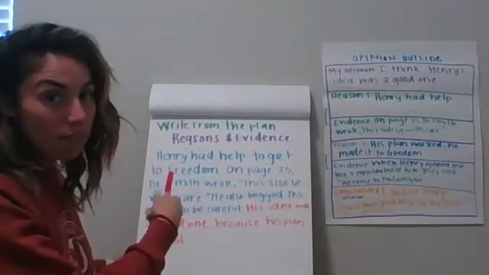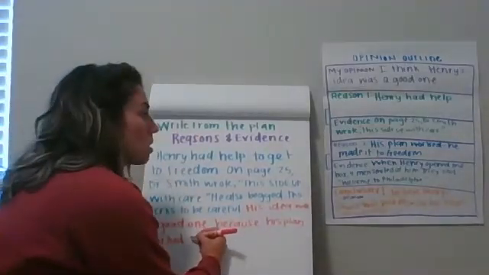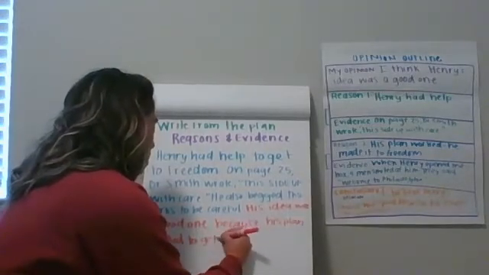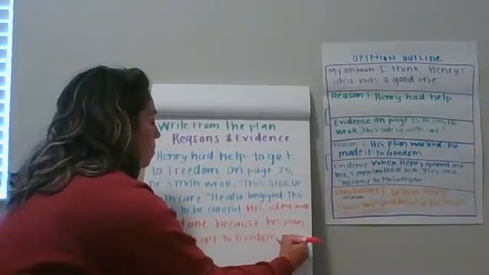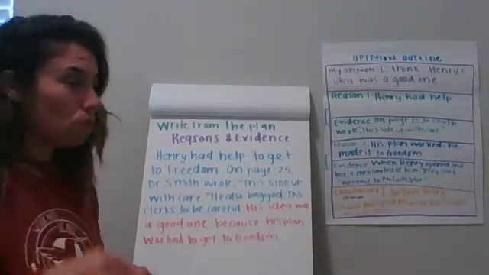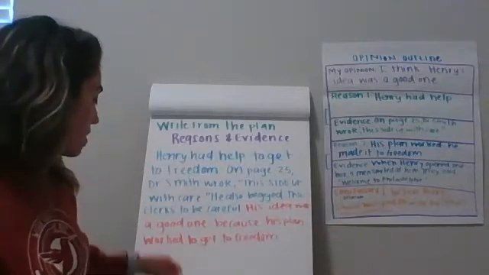Seeing if you're tracking. Oh, good. Okay. Because his plan worked to get to freedom. Okay, so that was my reason number 2. And it's in order. It's going after reason 1.